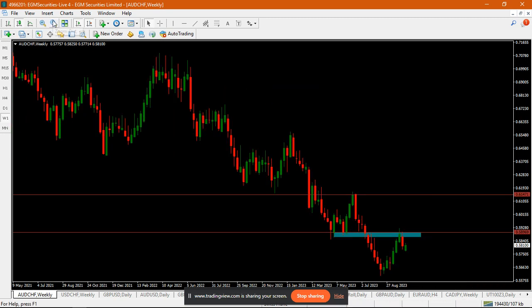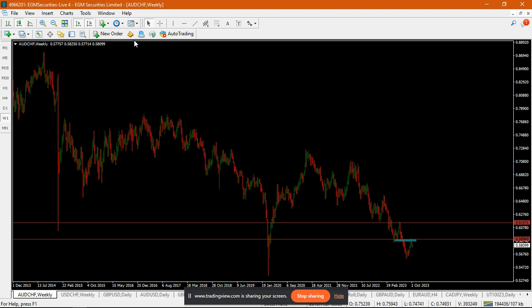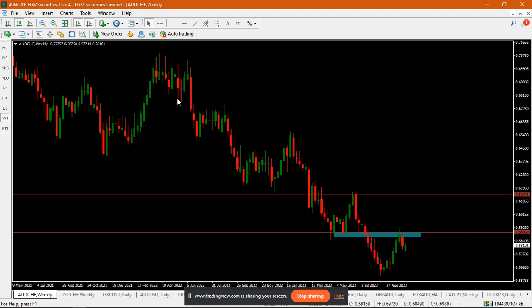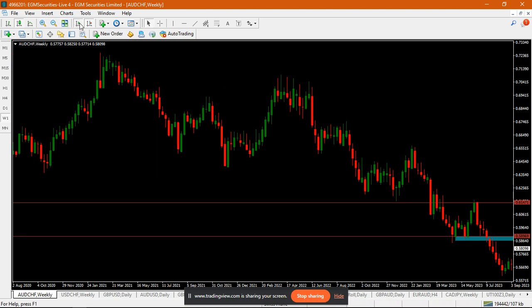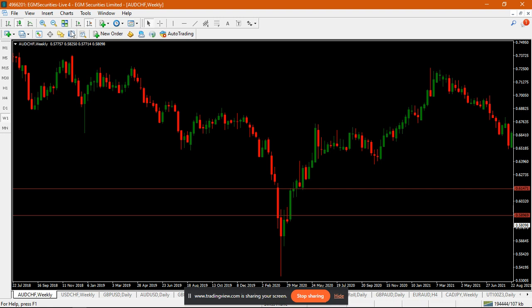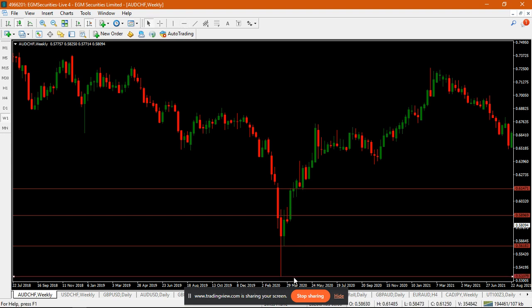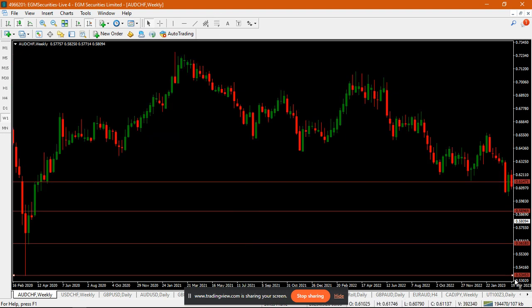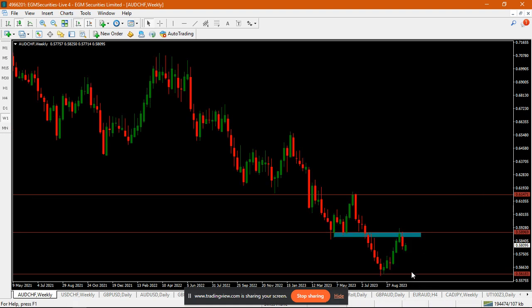You can reduce the size of these candlesticks to actually see the previous action in the market. Okay, so we have this week right there, and we have another weekly level at this point. So basically, we kind of have two targets. Now let's go back to the time frame we are in, and look at that.